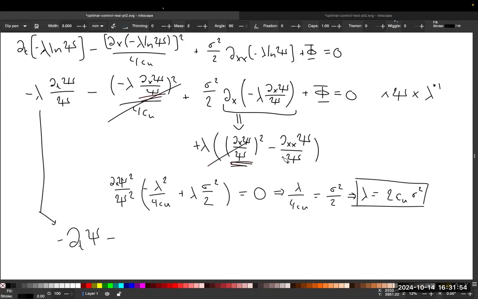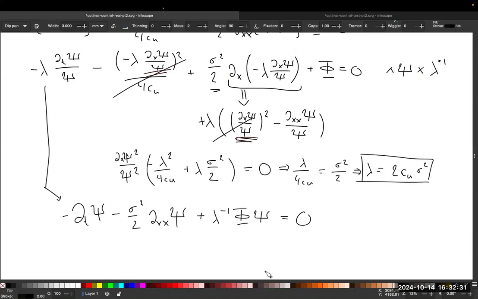What we're left with is, we cancel out our lambda and our psi, sigma squared over 2 partial xx psi. And multiplying phi by psi and inverse lambda, we have inverse lambda phi times psi is equal to 0.